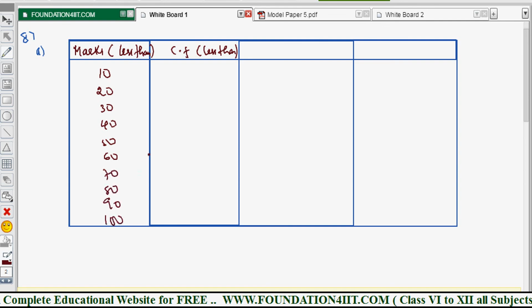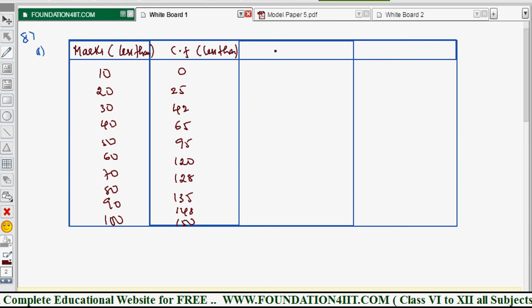This is the first column. And cumulative frequency, that is the number of students, is 0, and less than 20 marks is 25 students. So let us take all the data from the question: 42, 65, 95, 120, 128, 135, 148 and 150.